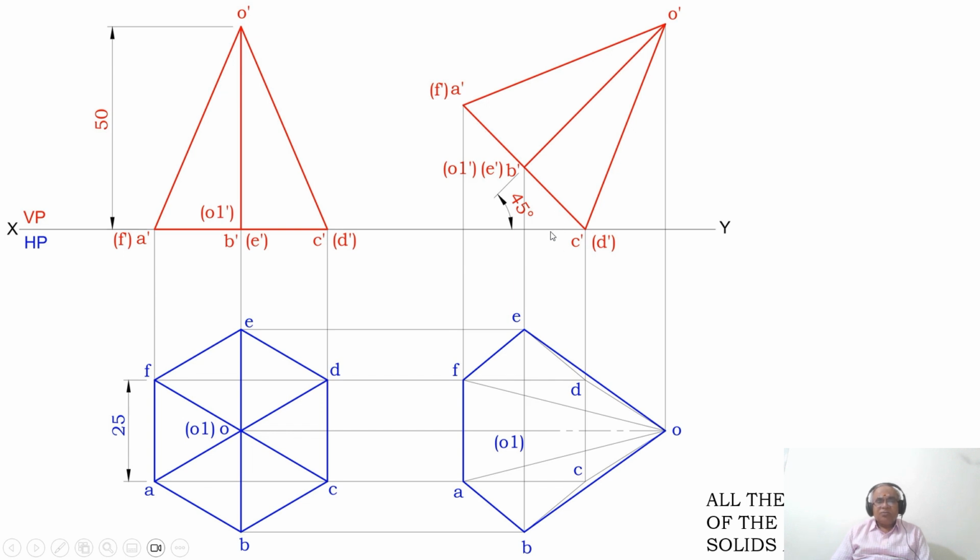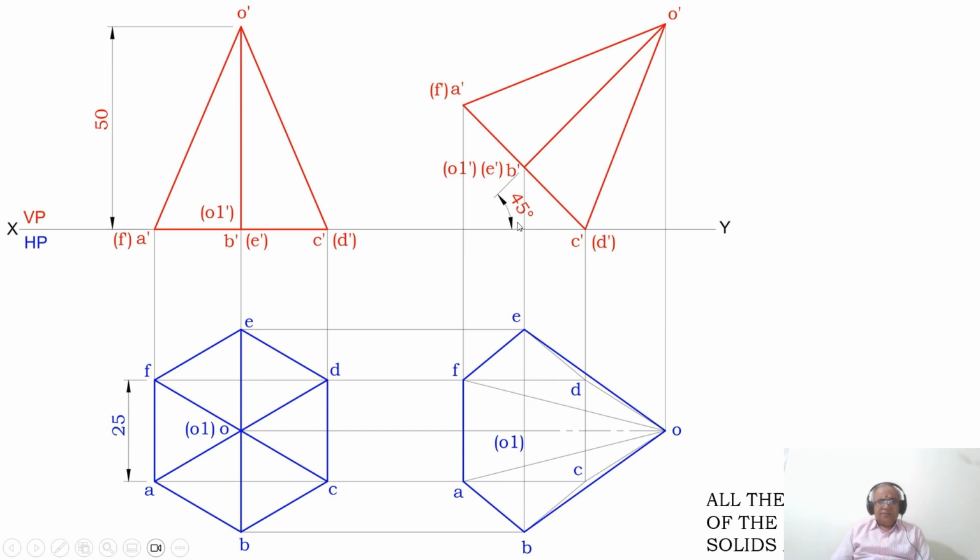Why is this base also inclined at 45 degrees? Because this 45 plus 90 is going to form 135, since it becomes a right angle triangle. Therefore, this side will also be equal to 45 degrees, because the sum of these three is going to form 180 degrees.